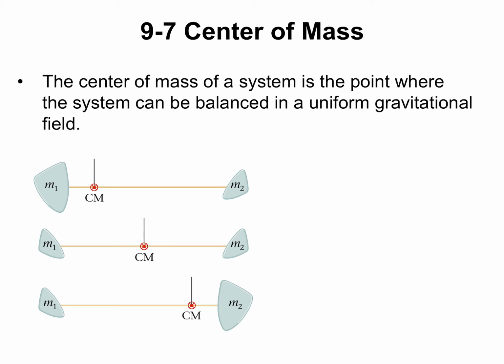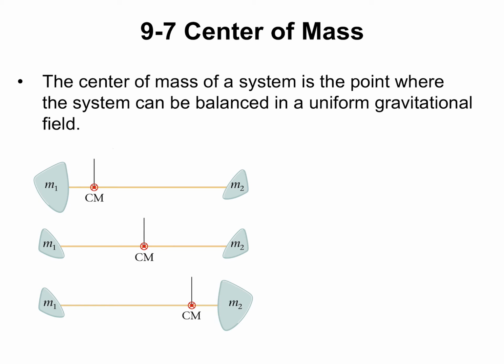So now let's talk about another topic. Here is the center of mass. The center of mass concept is very important. If we talk about a system, we want to know where the center of mass is. What's the meaning of center of mass?